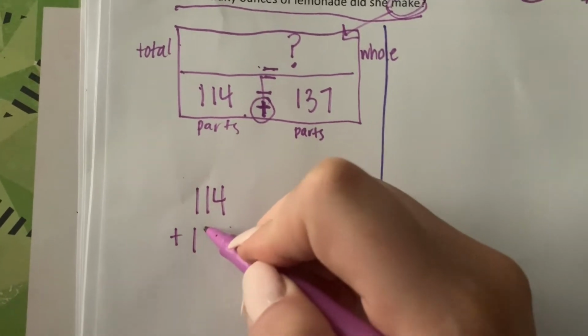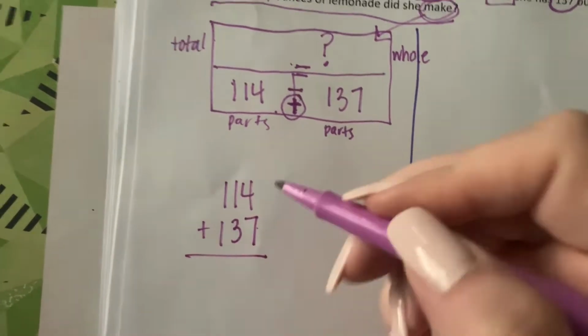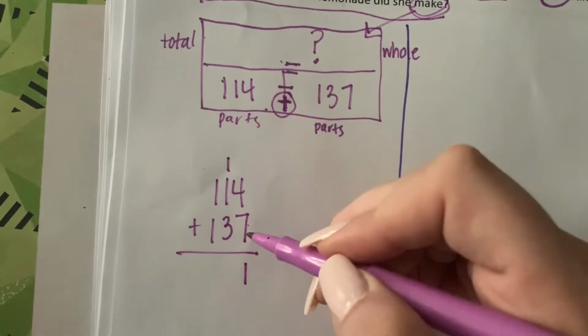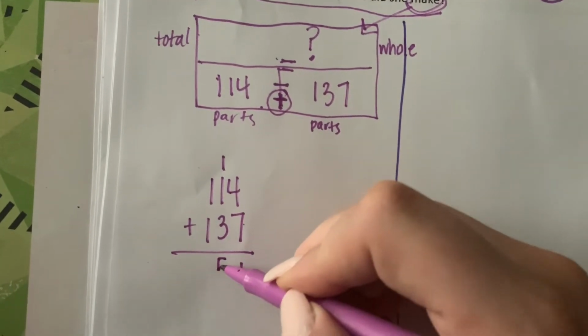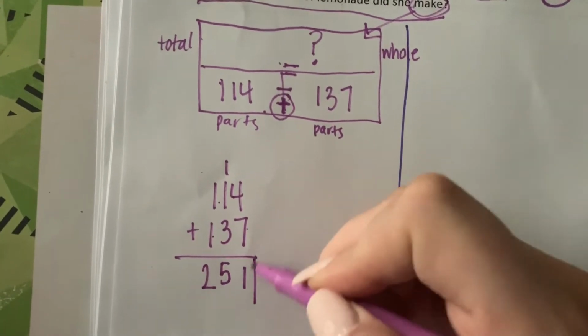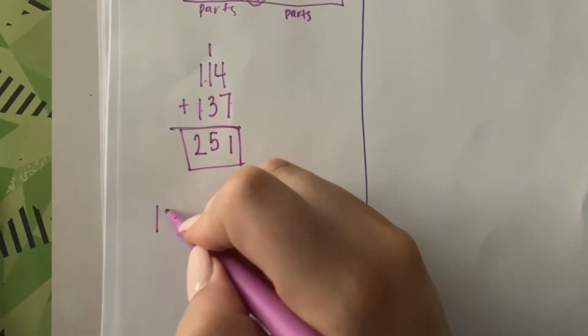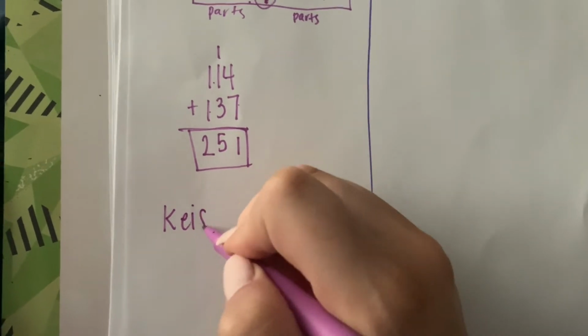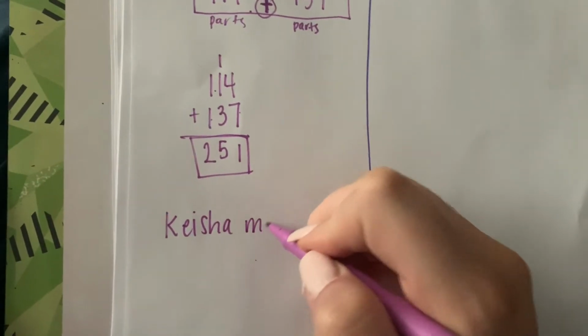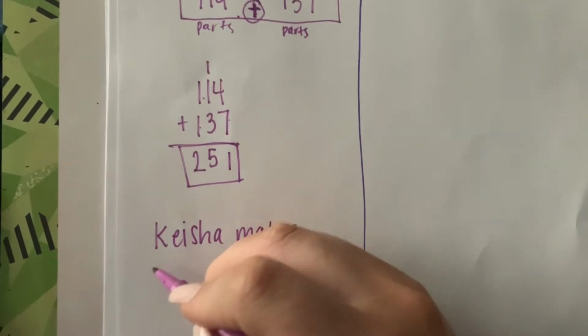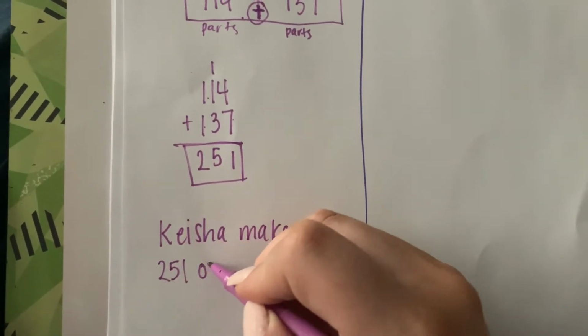114 plus 137. 7 plus 4 is 11. 3, 4, 5, 1, 2. 251. So Keisha makes 251 ounces.